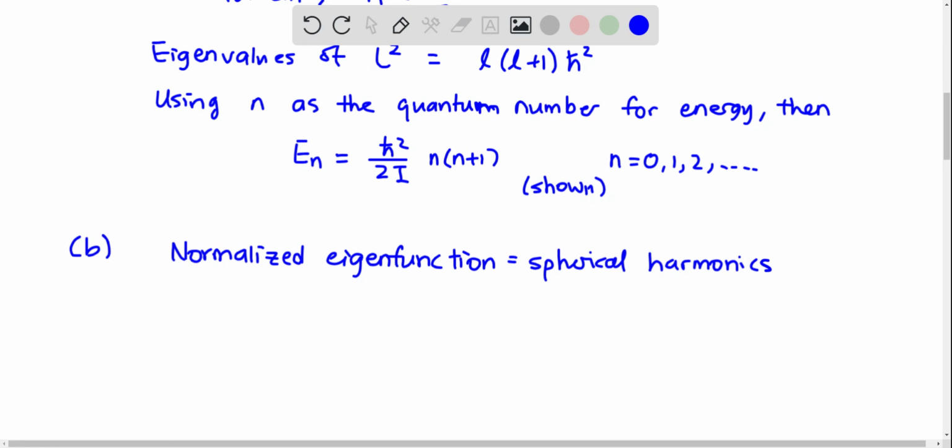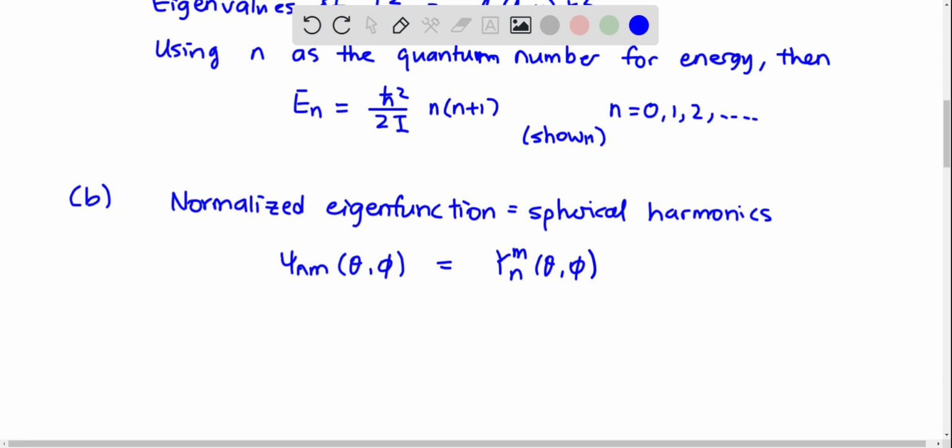So psi n m, theta phi is our Y n m. Basically it's just replacing the l in the Y l m with n, and you get the normalized eigenfunctions for this situation.